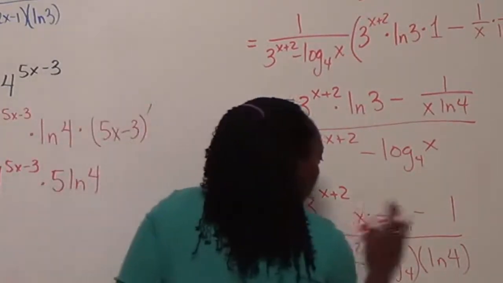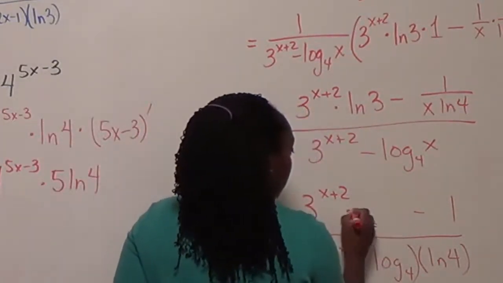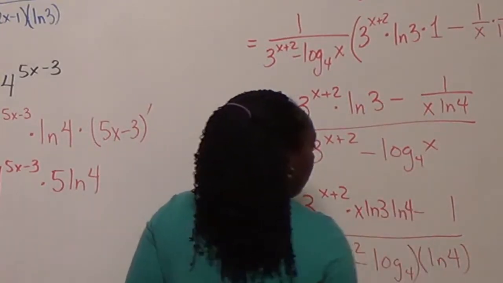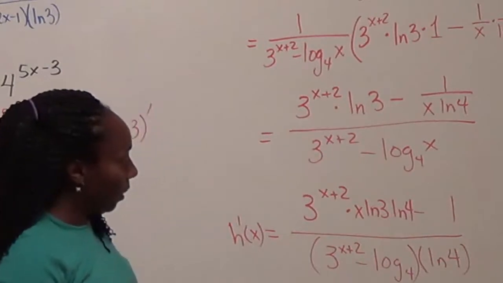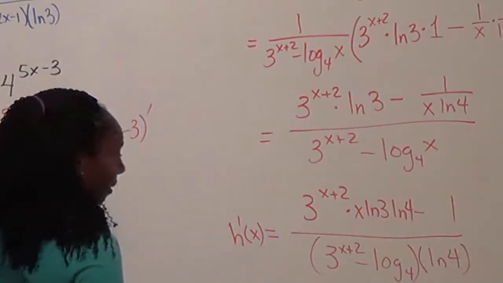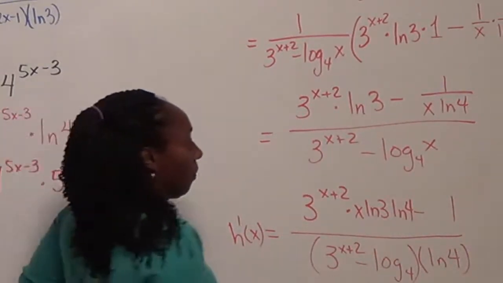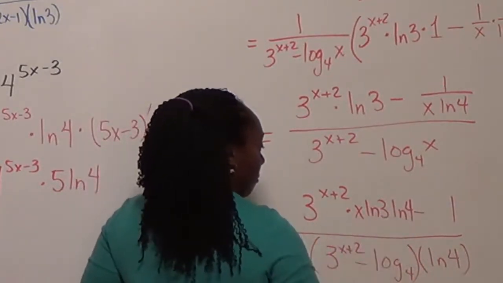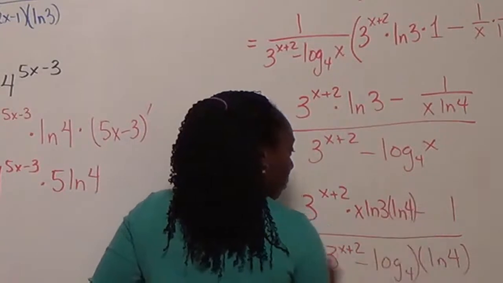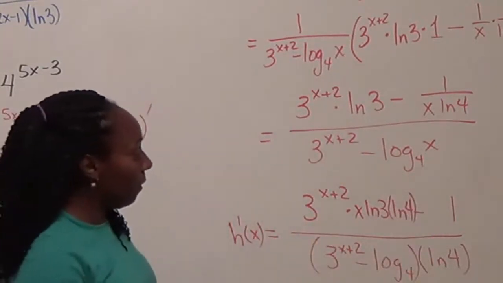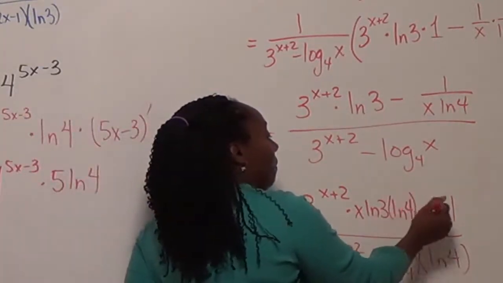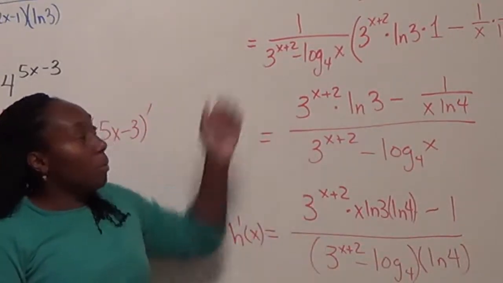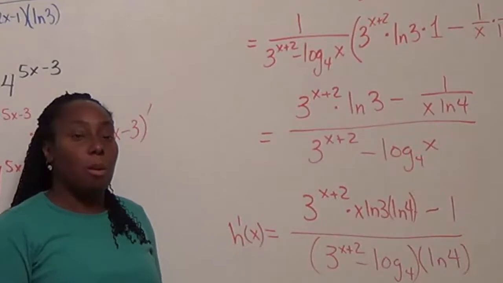And I wrote that wrong. I apologize. That should be x ln of 3 ln of 4. I'm going to add parentheses there to clean that up a little bit. So there would be our solution. Again, not pretty, but we started with a fairly complicated problem.